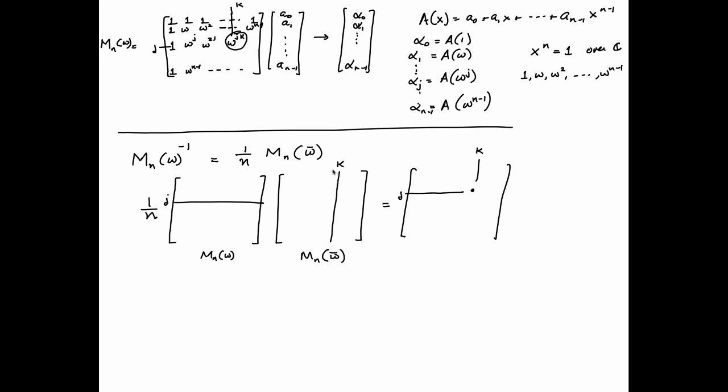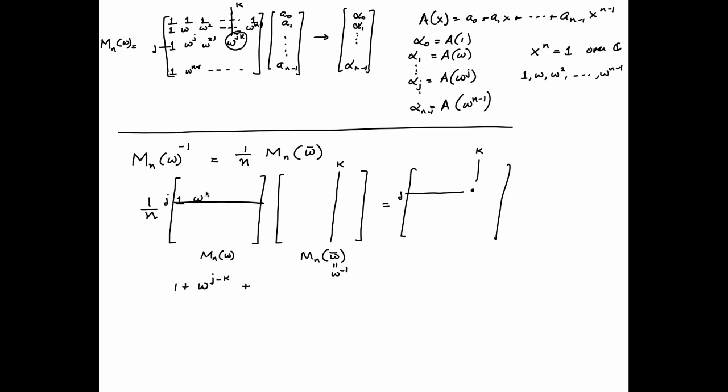So when we multiply these two out, what would we get? We'd get 1 plus omega to the j from here, and omega bar to the k. Remember, omega bar is the same as omega to the minus 1. So omega bar to the k is omega to the minus k. So we get omega to the j minus k. Now the next entry, so let me write this out.